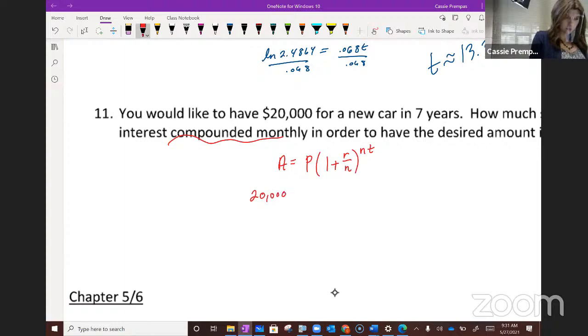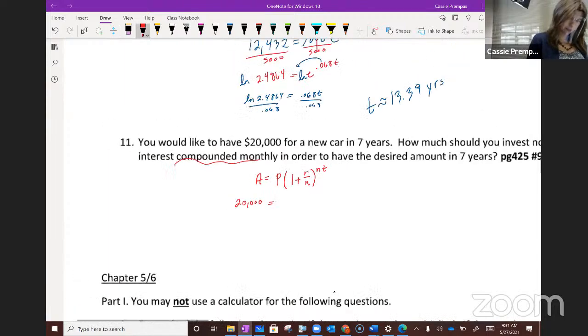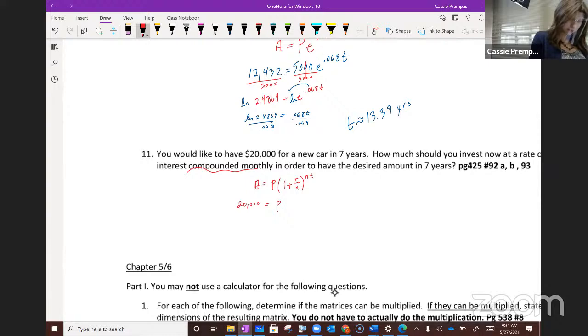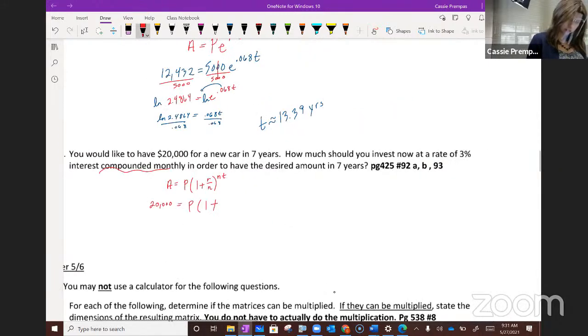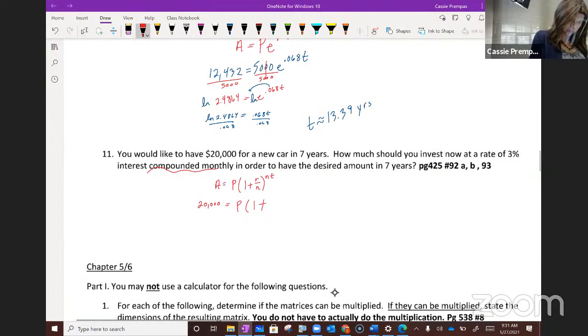20,000 is your A. So you can plug it in. And then 0.03 over 12, and then 12.